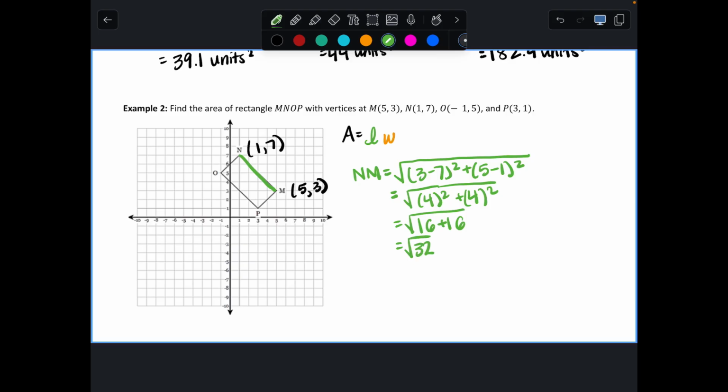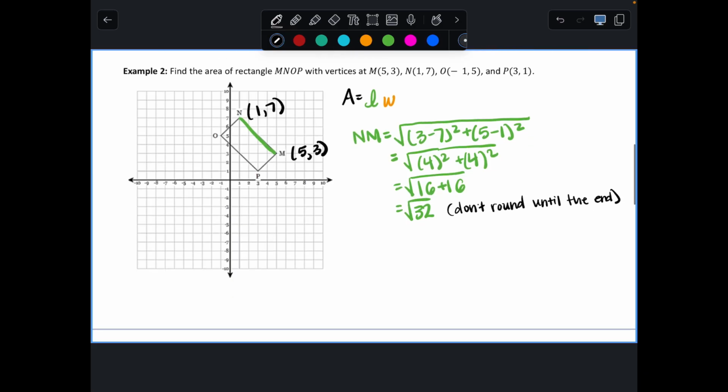So that's going to be the square root of 32. Don't round it yet. Don't convert it to a decimal until the very end. So we're going to leave it as the square root of 32.